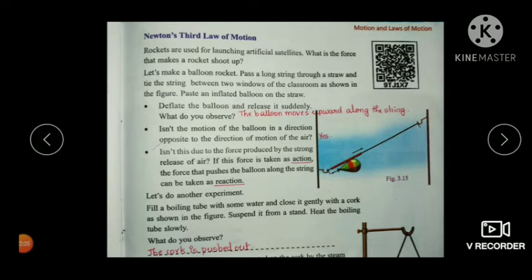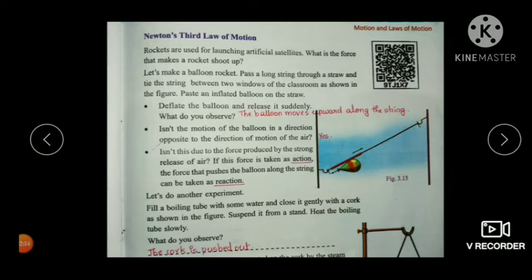The motion of the air is taken as action, and this air pushes the balloon in the opposite direction, so that is taken as reaction. The force of the air is the action, and the force which pushes the balloon along the string is the reaction.